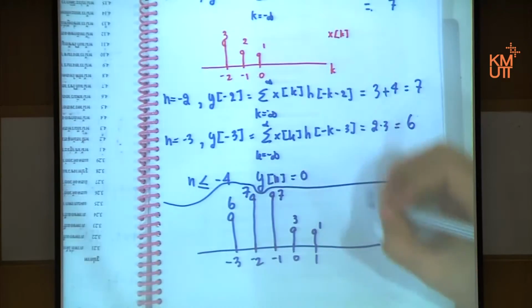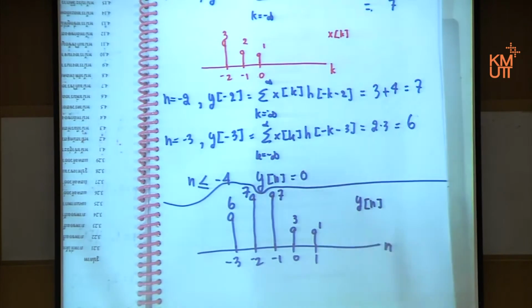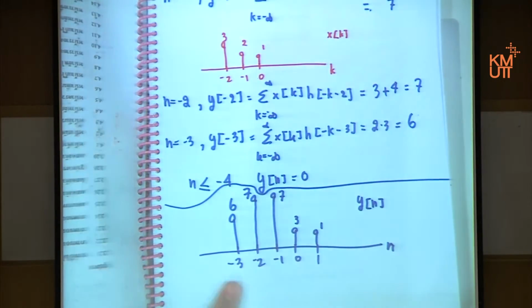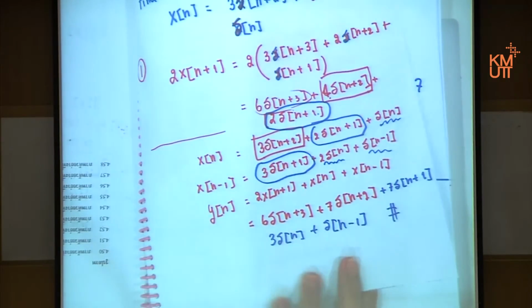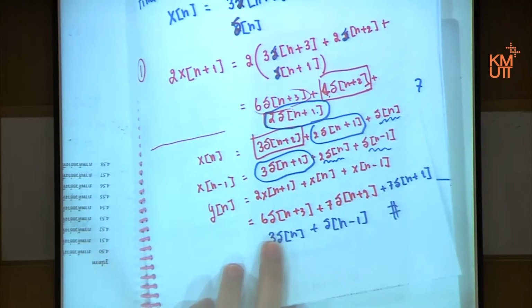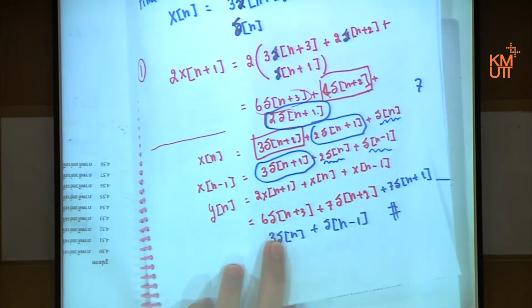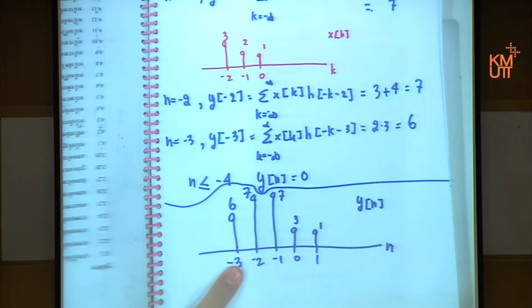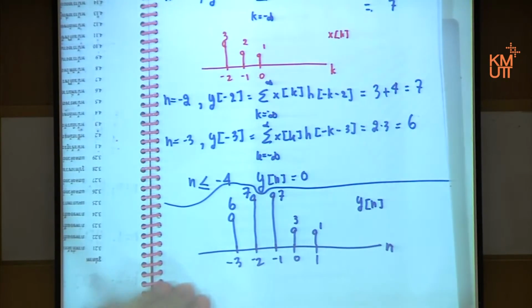So here is the picture of y[n]. If you compare the result of this method to the first method, it must return the same result. This is the first method that we did. If you plot this graph, it comes out like this as well. Yeah, the same.